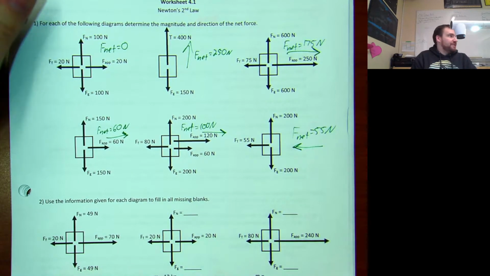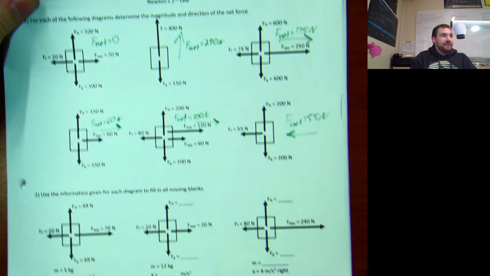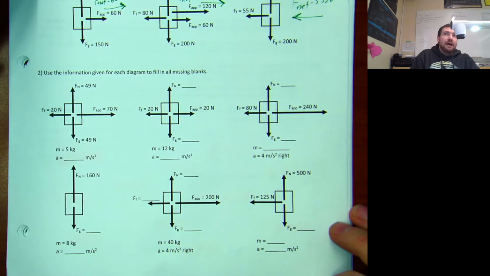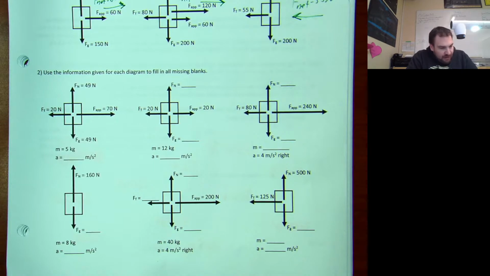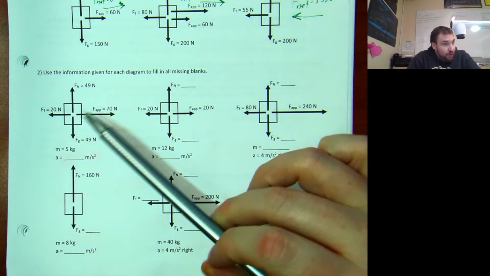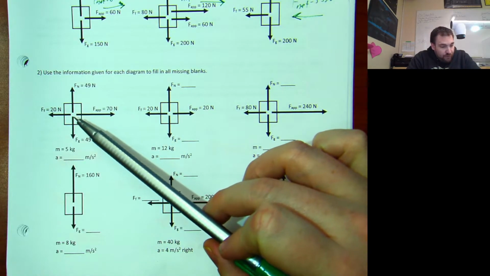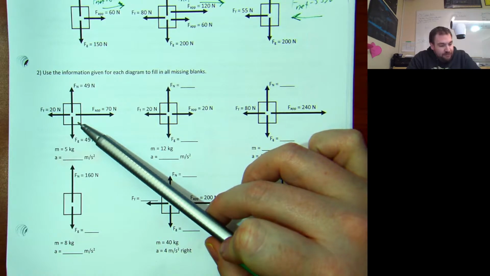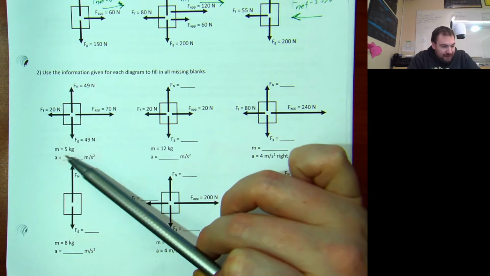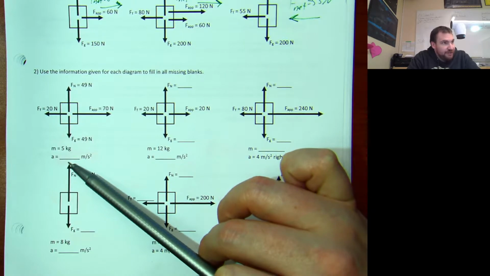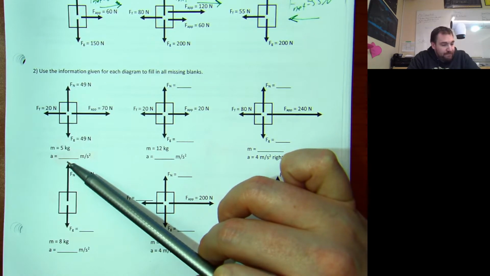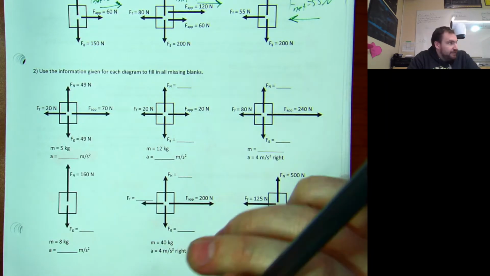So that's question 1, looking at unbalanced forces, if there are any, and what the direction would then be. Okay, this one: use the information given from each diagram to fill in all of the missing blanks. For this block, we know the mass of the block is 5. We're looking for the acceleration. How are we going to find it?